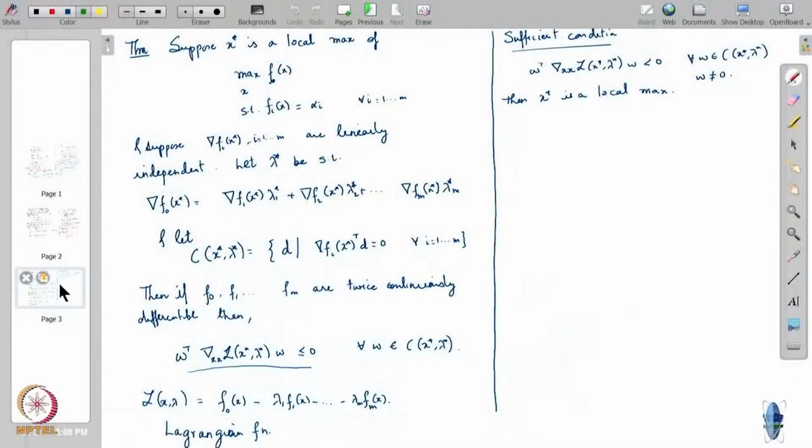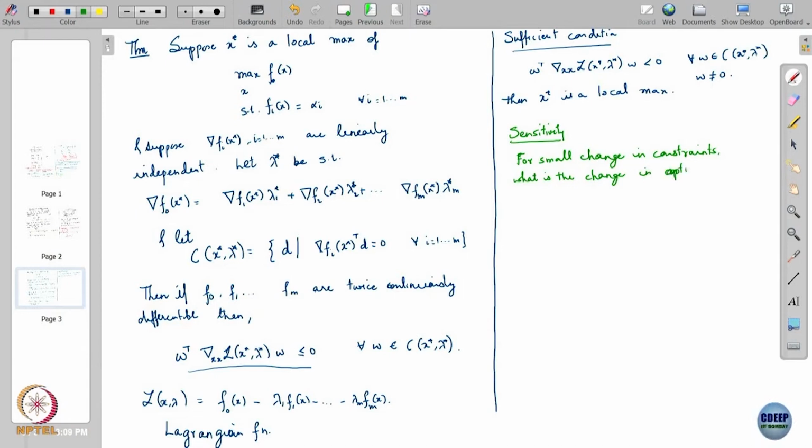So, Lagrange multipliers tell us something about what is called sensitivity. Sensitivity is, for a small change in constraints, what is the change in the optimal value.